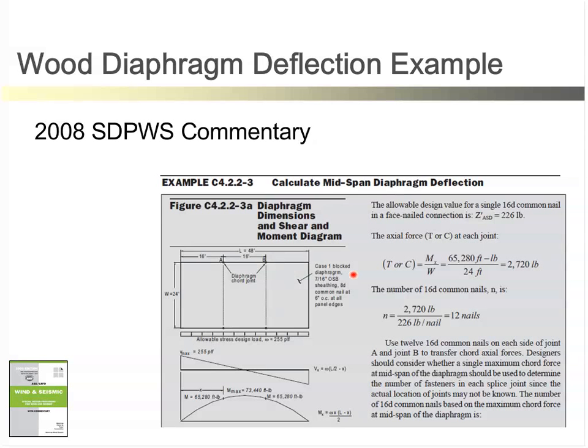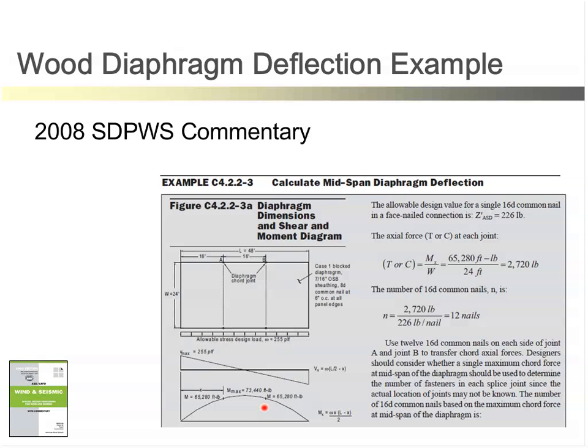If you look here in this note, you're going to see this is a case 1 block diaphragm, 7/16 inch OSB sheathing, 8 penny common nails at 6 inches on center at all panel edges. The allowable stress design load is 255 pounds per linear foot. The shear diagram looks like this, with the moment at those chord splices 65,280 foot-pounds.